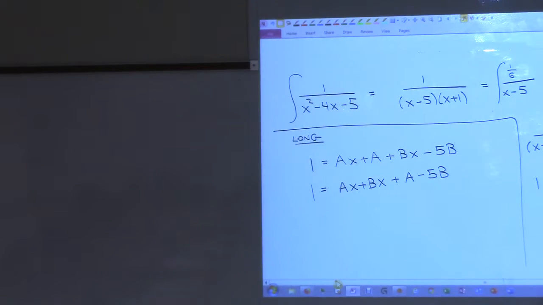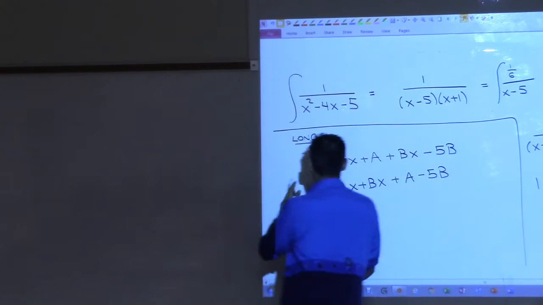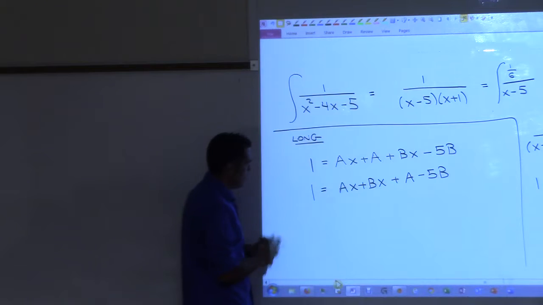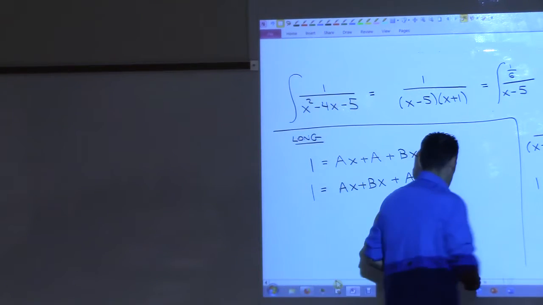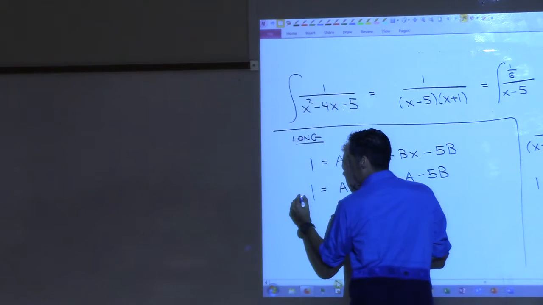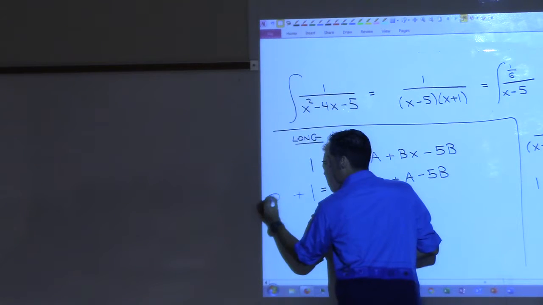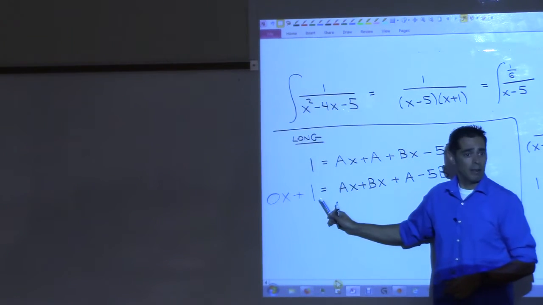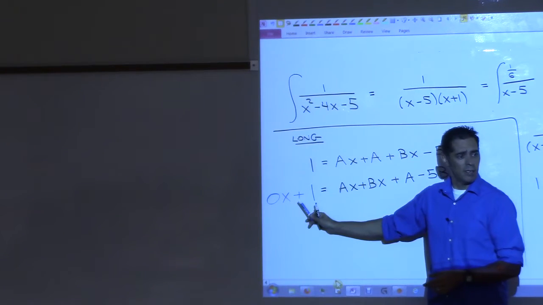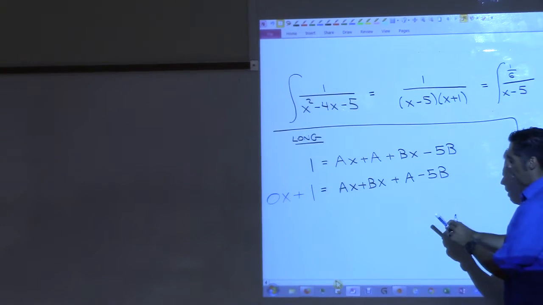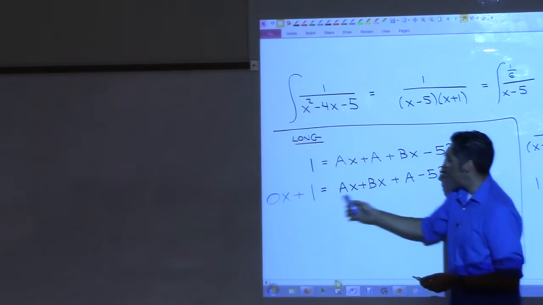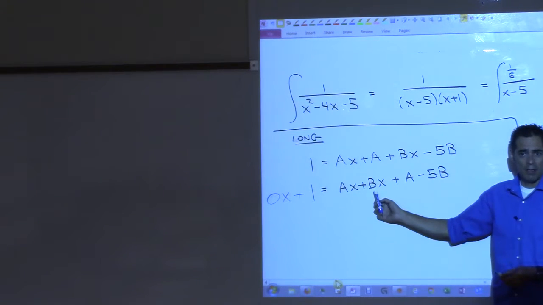Now what we need is for these to be equal, right? The left side has to be equal to the right side. Now what I realize is that on the left side, this is really like 0x's plus 1, right? That's really what that is. And the reason I wrote that way is because if we have 0x's, that means these have to add up to be 0, don't they?